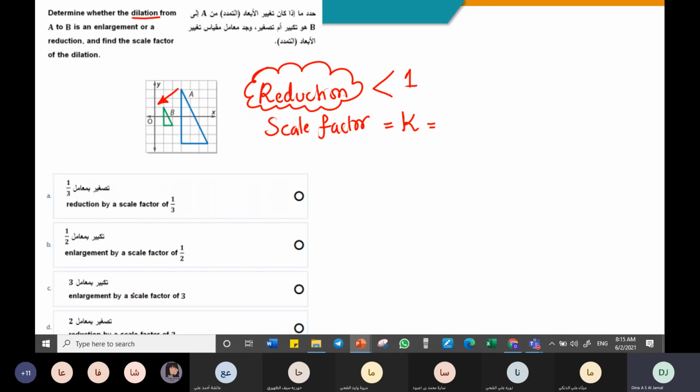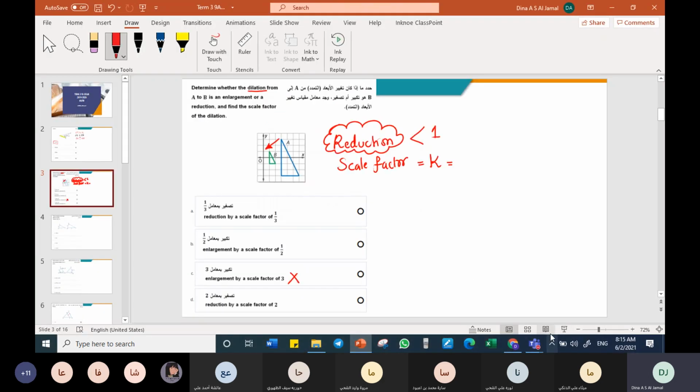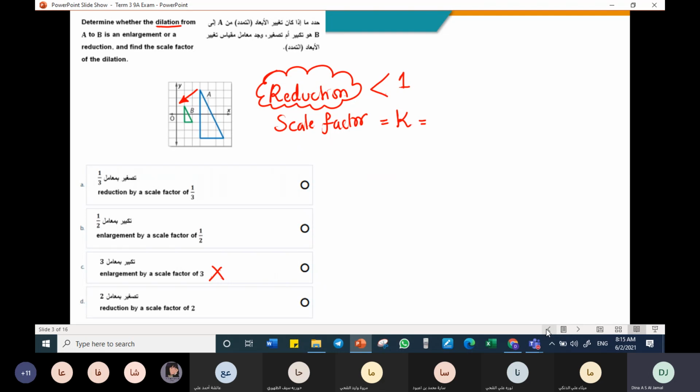So you have here an enlargement by a scale factor of 3. This is wrong because it is not an enlargement. And you have here a choice of reduction. Let me just show you the last choice. So it is a reduction by a scale factor of 2.